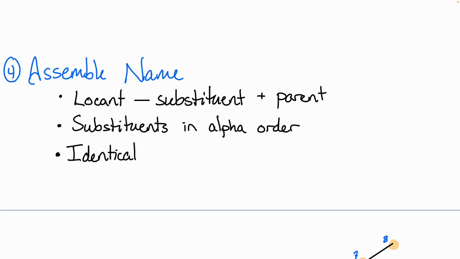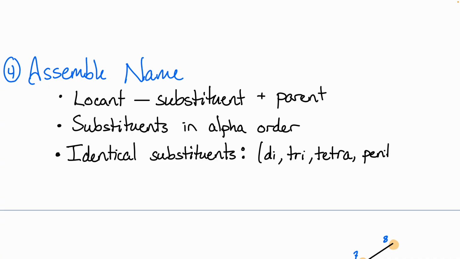Let's go back up to our assemble the name portion. So our identical substituents, we're going to use these prefixes. Di, tri, tetra, penta, hexa, and that's good.